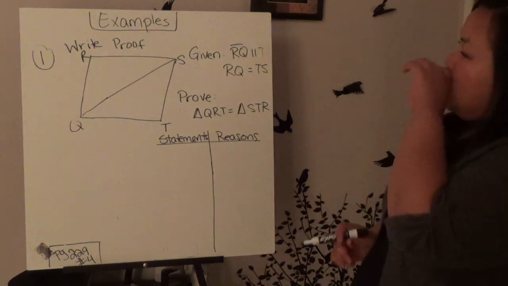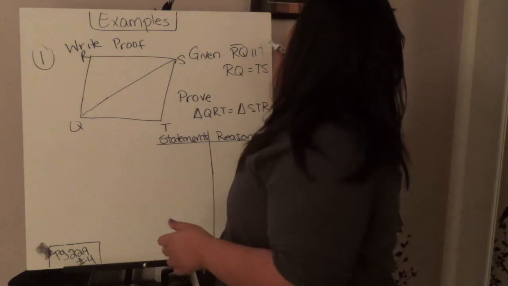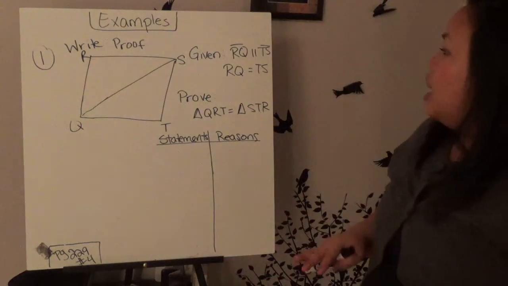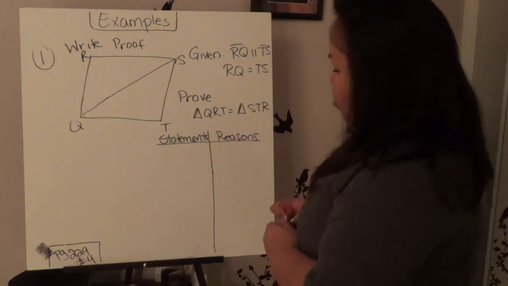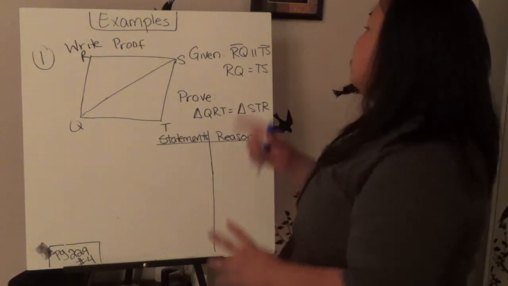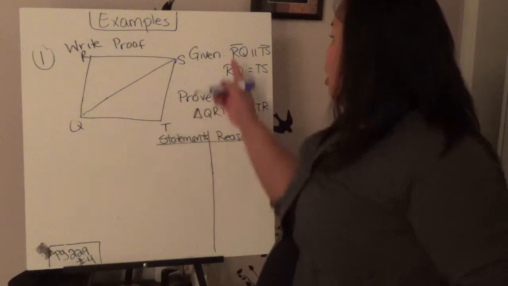Okay, so now we're going to go into examples, and it's asking us to write a proof. It's giving us the given. If you remember proofs, I know you hate them, but the very first thing that we always start with is, again, the given.